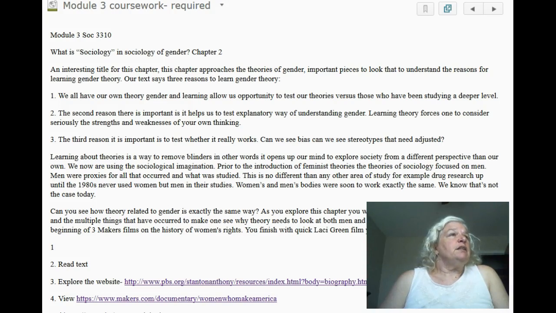The theory itself asks us to look at women in the same way that we look at men. Instead of assuming that the male look is the right look, it has us look at both men and women, so that there is equality in the process.